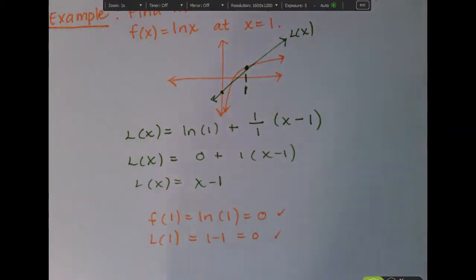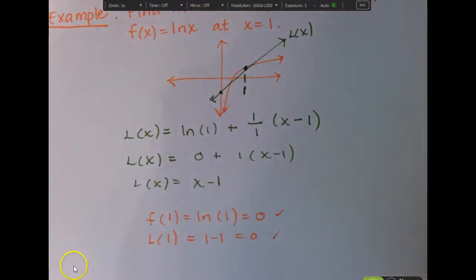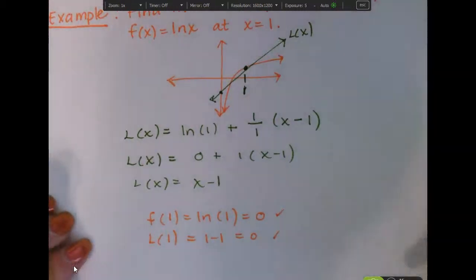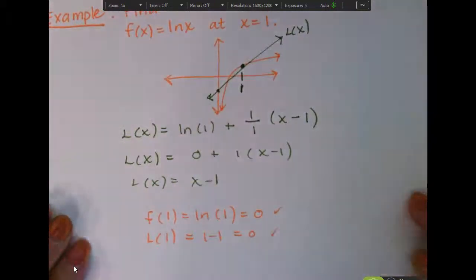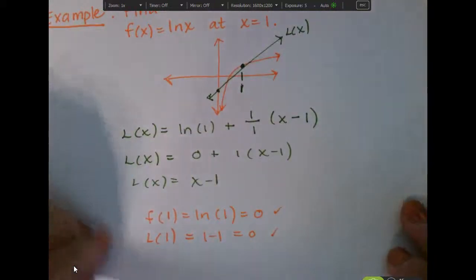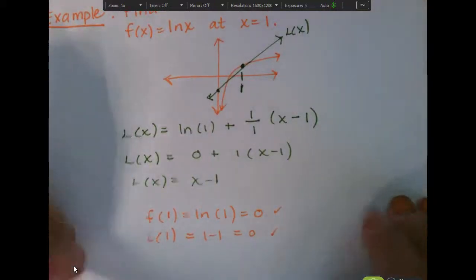So we're going to extend this thinking in section 10.1 by looking at higher degree approximations. So as opposed to linear, we might have quadratic or cubic or any nth degree. So what we need are formulas that allow us to do those approximations. Again, we already know the linear approximation formula.